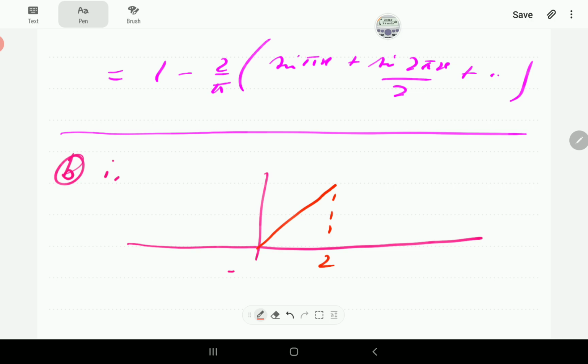We want an even extension, so it's just going to be a mirror reflection of this in the vertical axis. Now remember, if this is a half range situation, it means 0 to 2 is half of the range of interest.